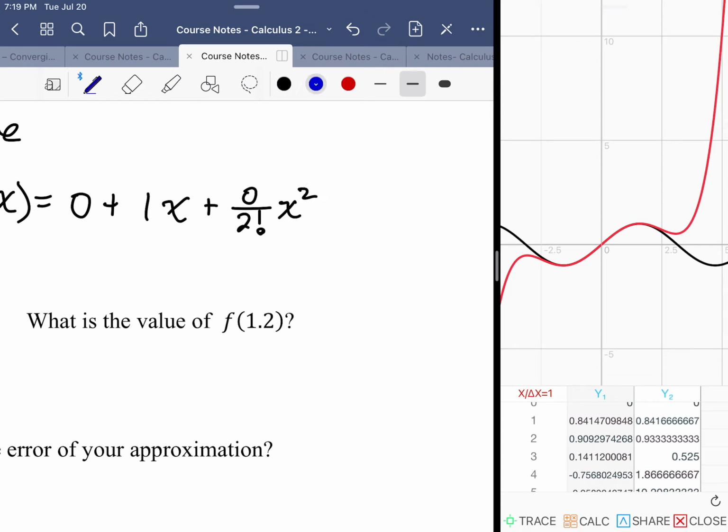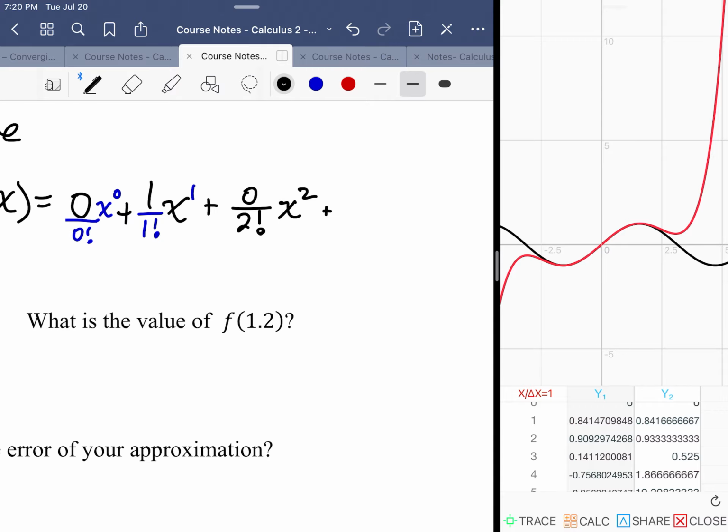So the progression here is, and it's not shown, but it's really there. This is really assumed 0 over 0 factorial times x to the 0th power, 1 over 1 factorial times x to the 1st, 0 over 2 factorial times x to the 2nd. So once you have that progression in mind, it gets a little bit easier to see where you're going with this.